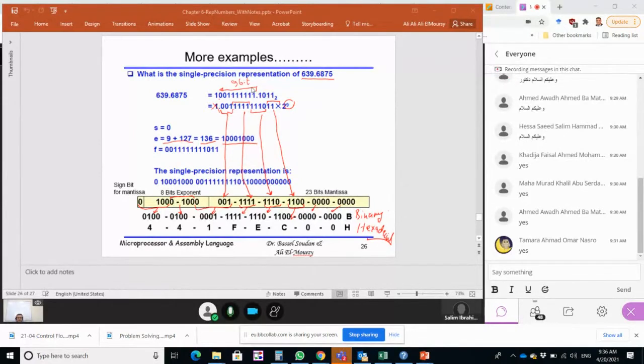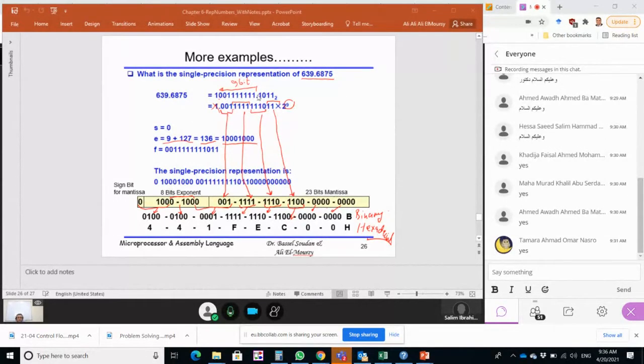So after converting this to binary, I get 1 0 0 1 1 1 1 1 1 0 0 1, as you see here. I have here 1 2 3 4 5 6 7 8 9 10 bits for the 639, for the integer part, and 0.1011 for the fractional part.